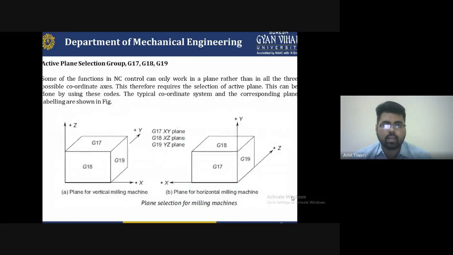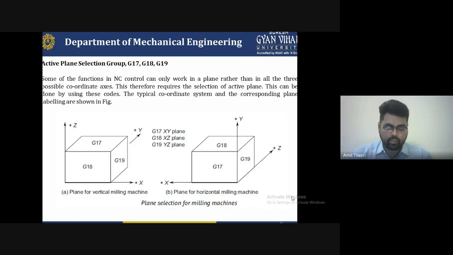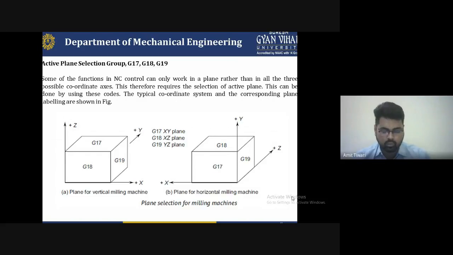Now you can see in the diagram the active plane selecting group. The active plane selecting group indicates the codes G17, G18, and G19. What happens in this type of group is that some of the functions in numerical control can only work in a plane rather than in all three possible coordinate axes.